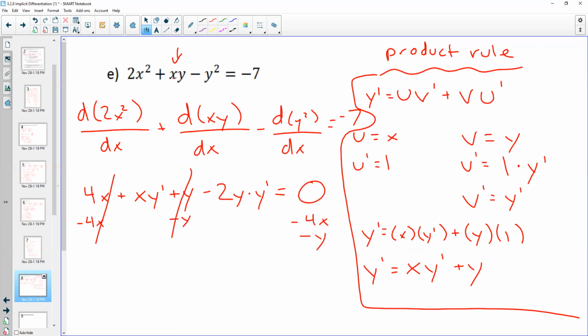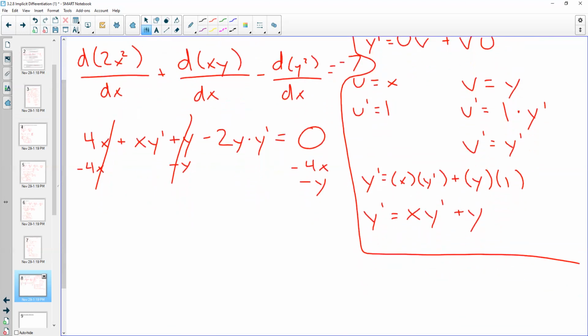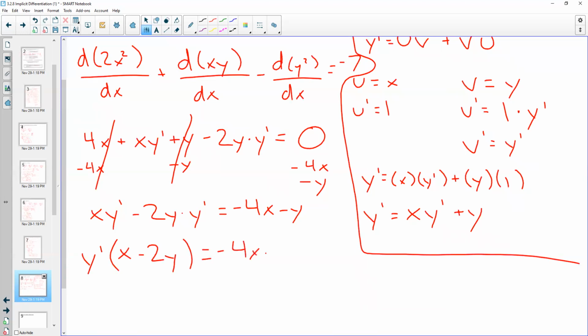Those will cancel. Then we will have x y prime minus 2y y prime is equal to negative 4x minus y. Right? So we can factor out y prime on this side, so we'll be left with y prime times x minus 2y is equal to negative 4x minus y.